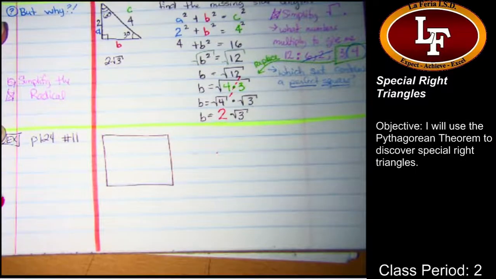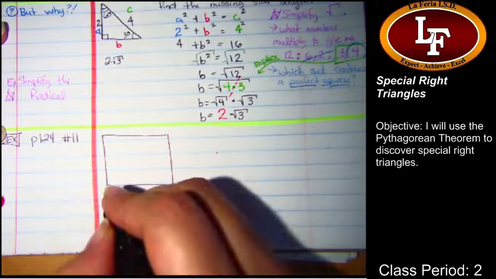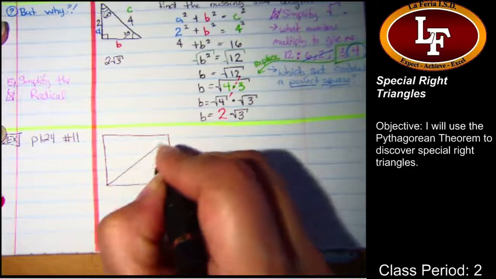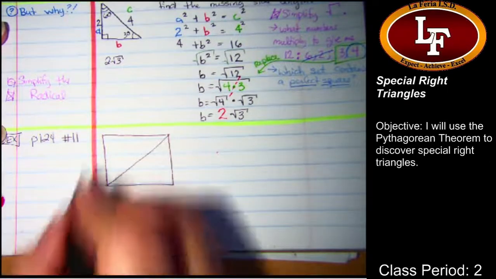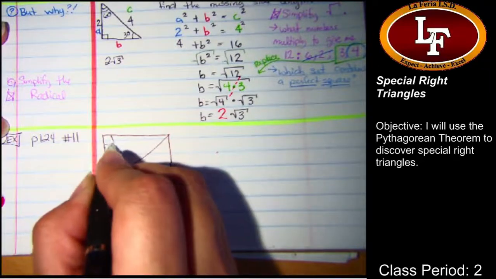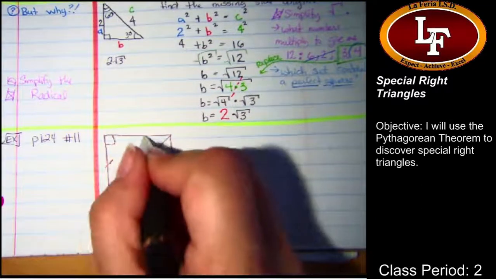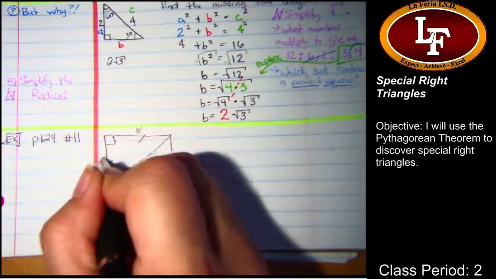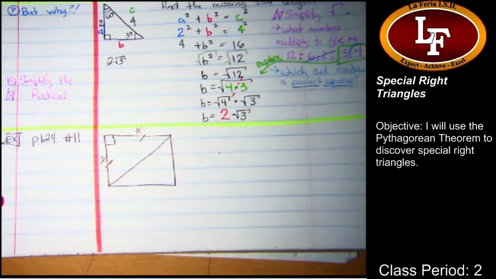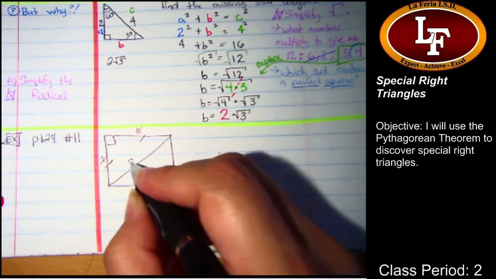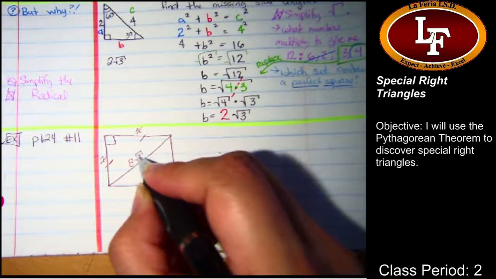It gives you a square, box-looking thing with a line through the middle. This angle's a right angle. It says these two are congruent to each other and they are x. And this line in the middle is 8 square roots of 2.